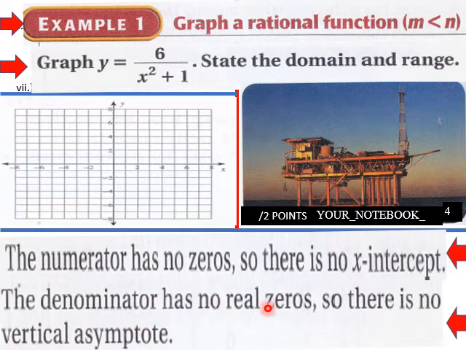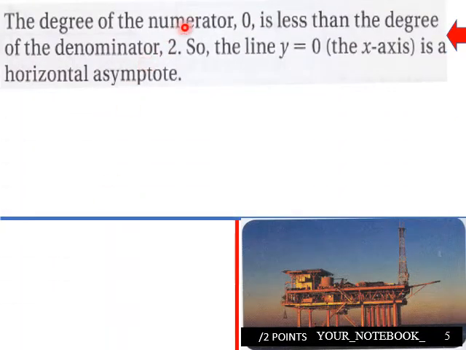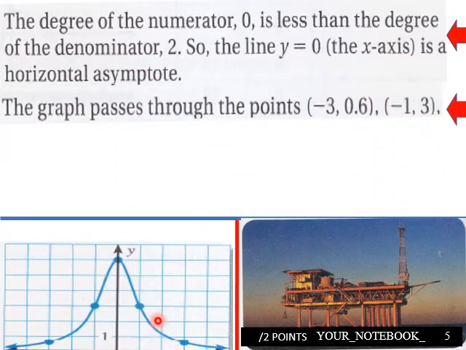The denominator has no real zeros either, so there is no vertical asymptote. The degree of the numerator is 0, which is less than the degree of the denominator, 2, so the line y equals 0, the x-axis, is a horizontal asymptote.